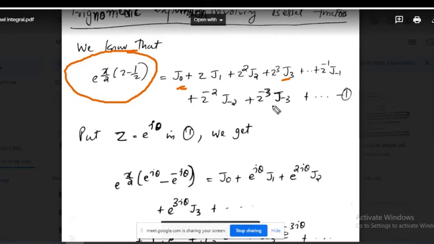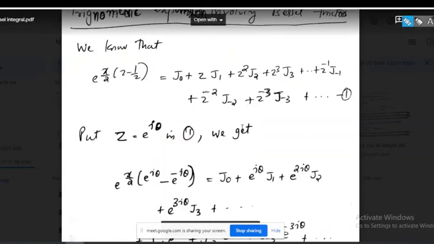And here we put z equal to e to the power i theta. So z is e to the power i theta, 1 by z is e to the power minus i theta.